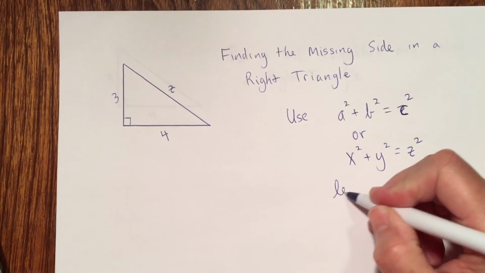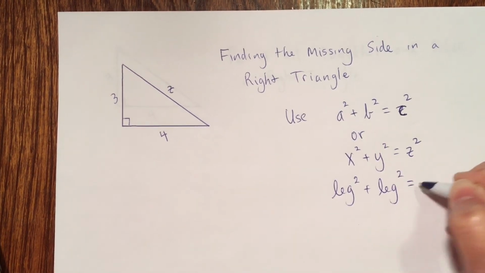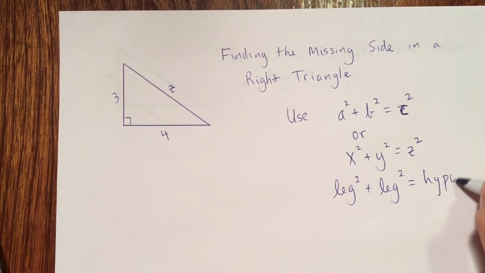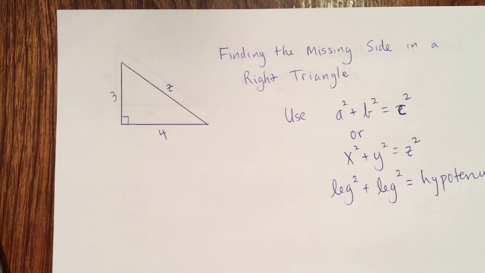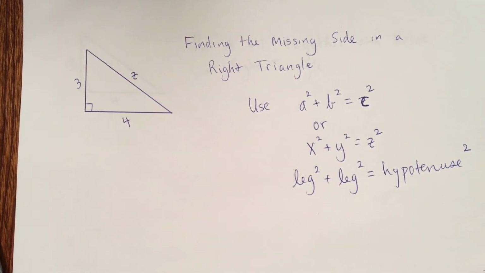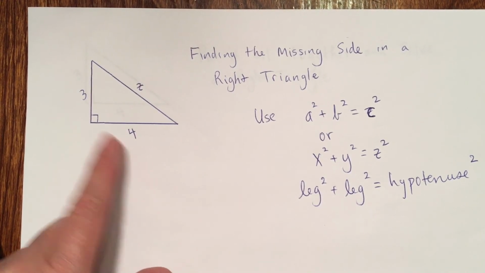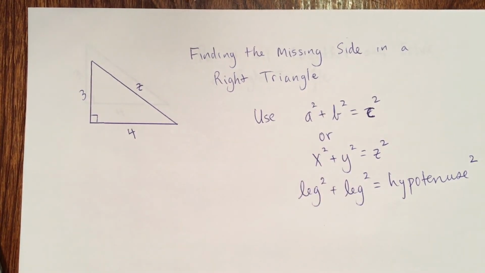On a previous video, I said leg squared plus leg squared equals hypotenuse squared. And if you go with that, you can never go wrong, because that's in words what this formula is giving us. As I look at my triangle, 4 and 3 are both legs.